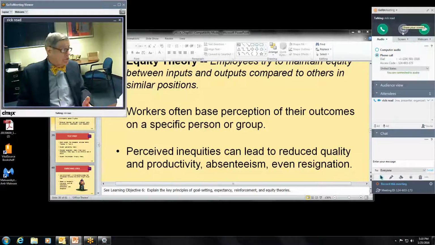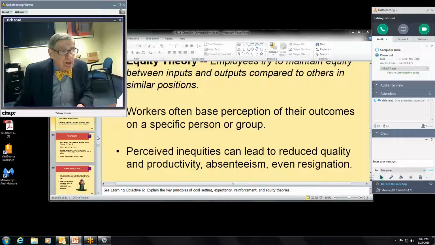On the plus side, they could decide to look for a different comparison other. But it doesn't necessarily follow that that would be a good option. So that's something that you really have to be concerned with when people are thinking about that. All right, that's our equity theory.